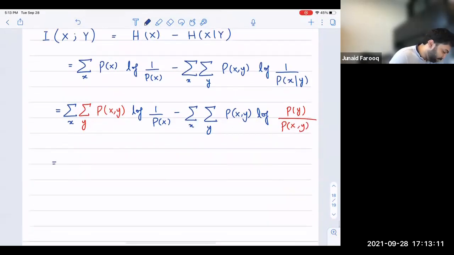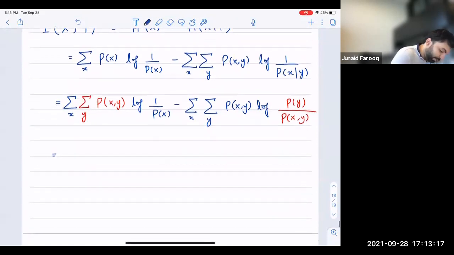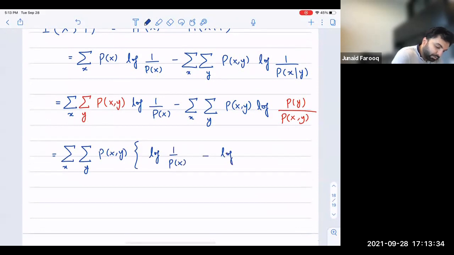Okay, now we can combine the summation. If you take the x and y summation common here, P of xy is common, right? So you will have log 1 over px minus log py over pxy.